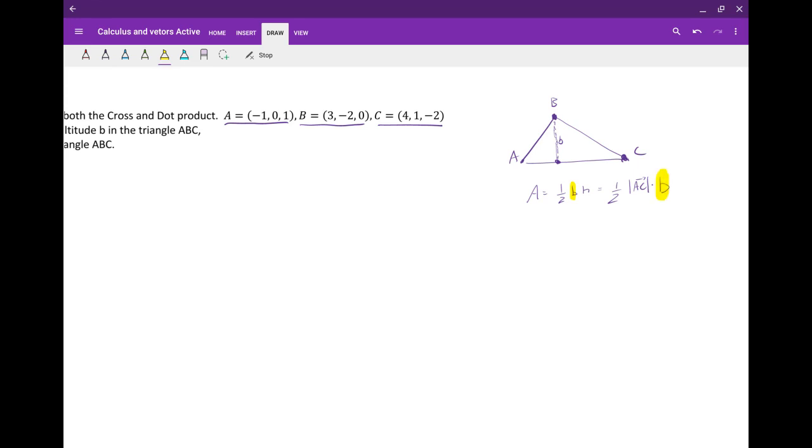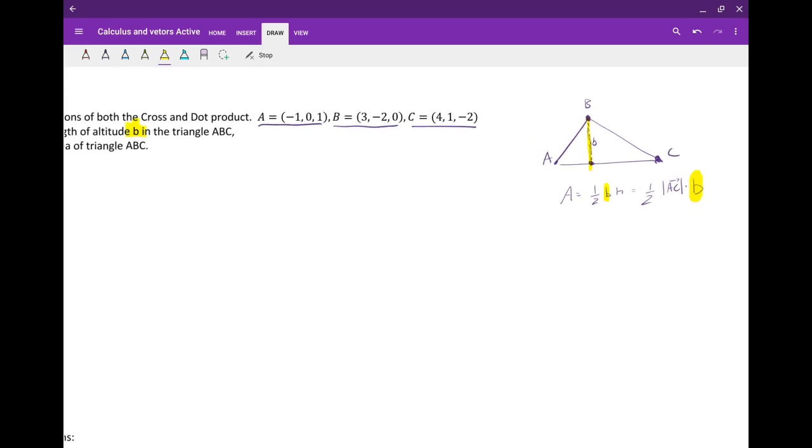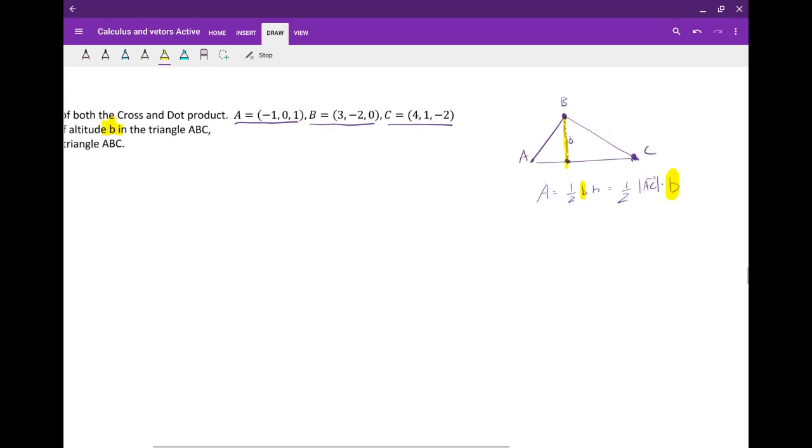In here, I just used the generic area of a triangle, 1/2 base times height, whereas B is this here. The reason I'm calling it B is because it's called B in the question. So the area of the triangle is 1/2 magnitude of AC vector times B. And if I can figure out all of these things, I can figure out what B is.